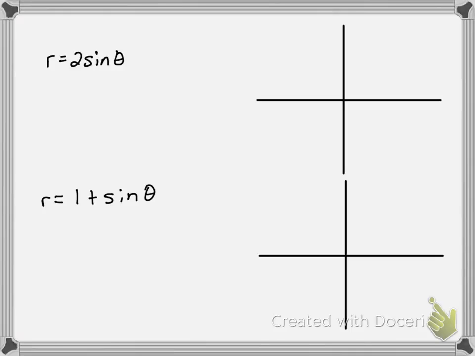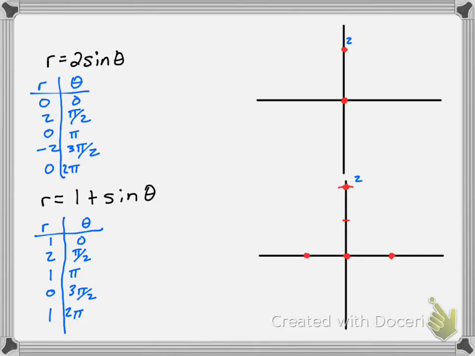This time it's going to be r equals 2 sine theta. As before, let's go ahead and pause. Take a second, build a table, and try to graph this. All right, so if you'll notice, r is equal to 2 sine theta, which is very similar to the problem that we did at the very beginning, which was r equals sine theta. r equals sine theta was a circle with a diameter that went between 0, 0 and 0, 1.